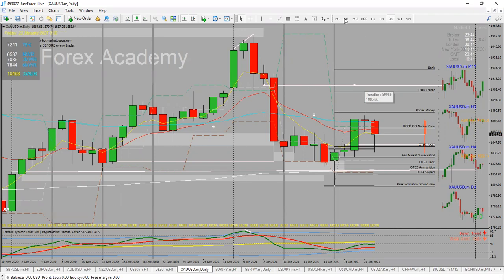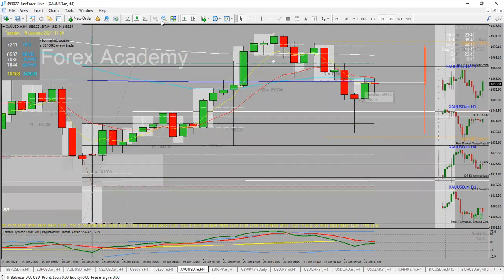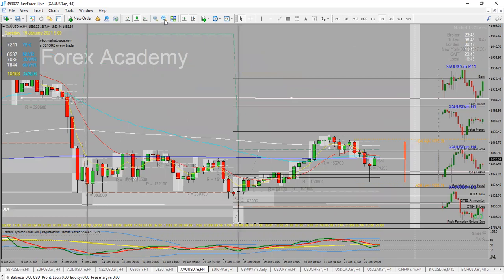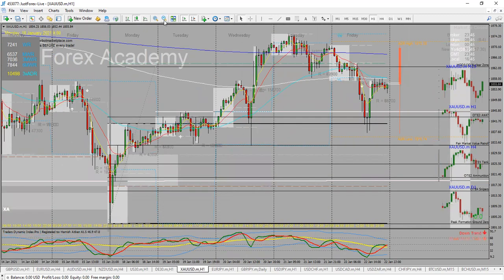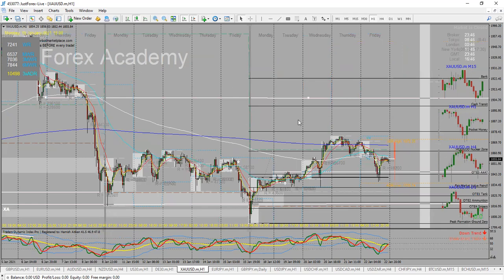Now, this is how I see this market. I have identified the swing high that is valid and that has never been tested, so that I can also put in my Fibonacci in the proper way.